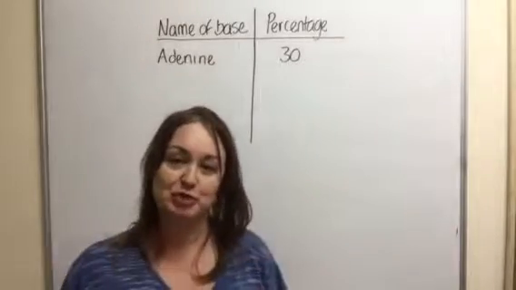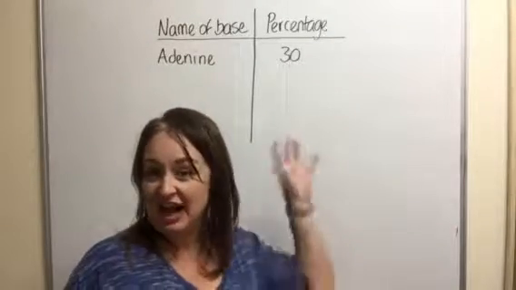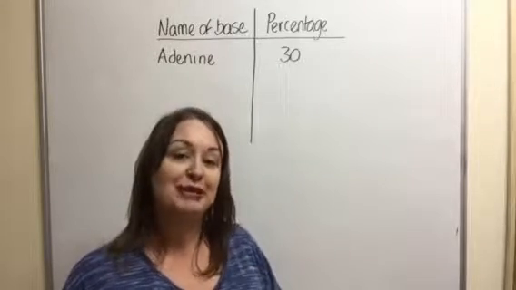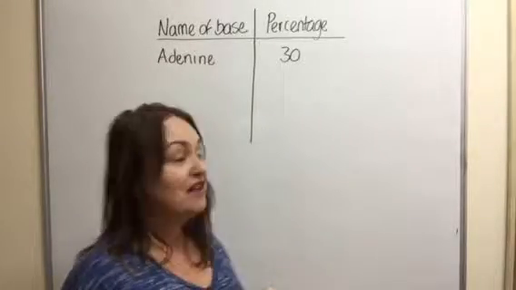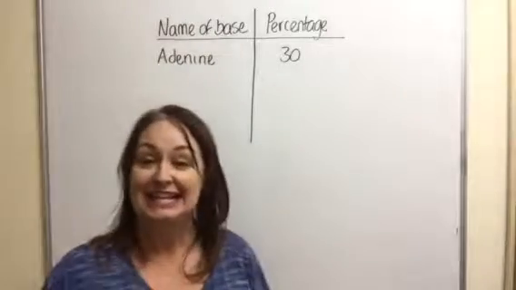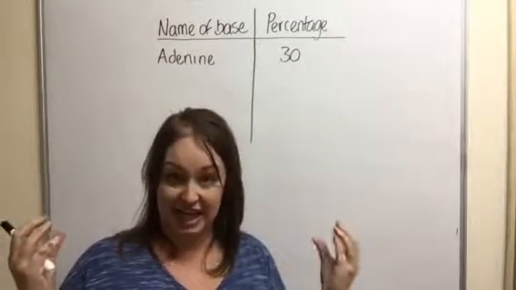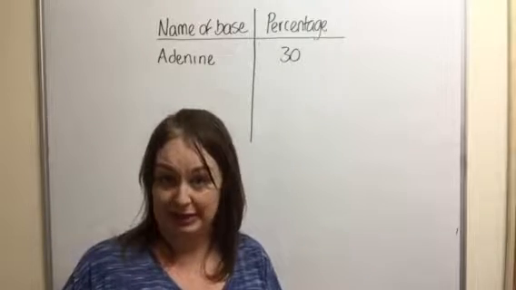Here's another question that pops up again and again. I've used easy numbers here so we don't have to tax our brain too much, but basically the question asks, if adenine is 30% of your bases in a length of DNA, what would the others be?